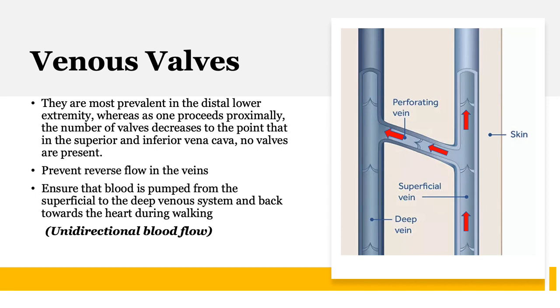Venous valves prevent reverse flow in the veins. They ensure that blood is pumped from the superficial to the deep venous system and back towards the heart during walking, so they allow unidirectional blood flow, from down up and from the superficial to the deep system.